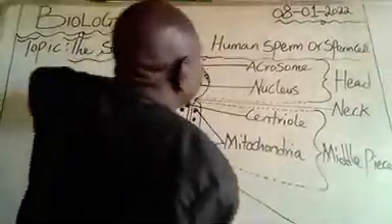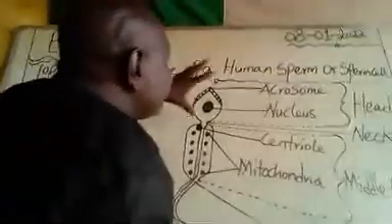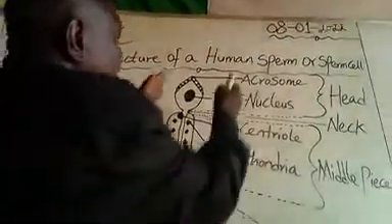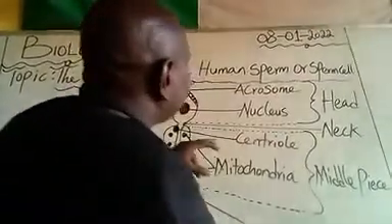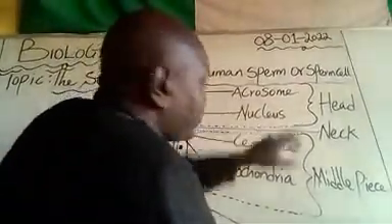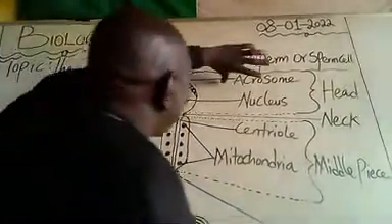In the head here, the head of the sperm contains the following. As you can see, we have acrosome, we have nucleus.